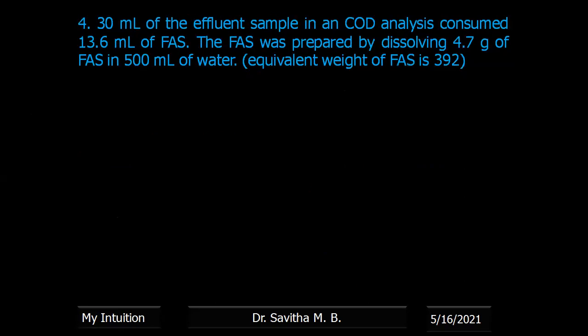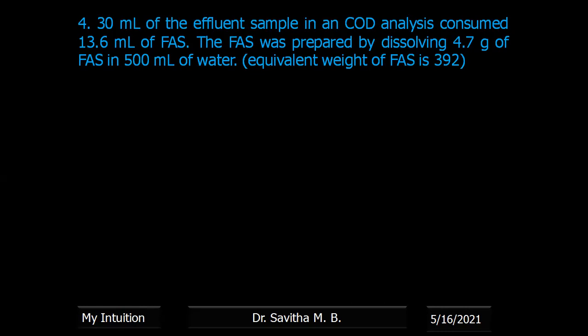Okay. The next type of problem is: 30 ml of effluent sample in a COD analysis consumed 13.6 ml of FAS. The FAS was prepared by dissolving 4.7 grams of FAS in 500 ml of water. Equivalent weight of FAS is given.